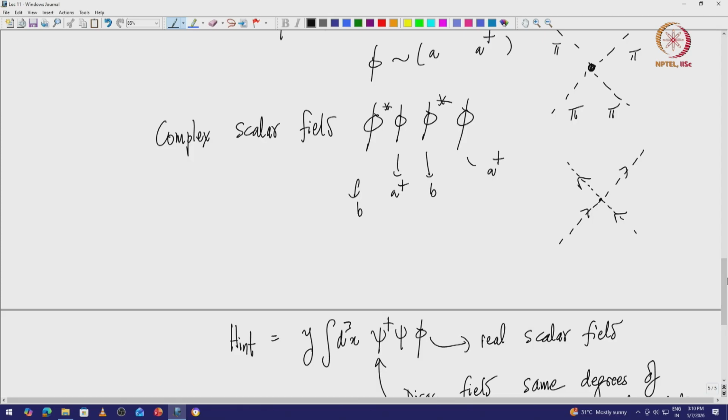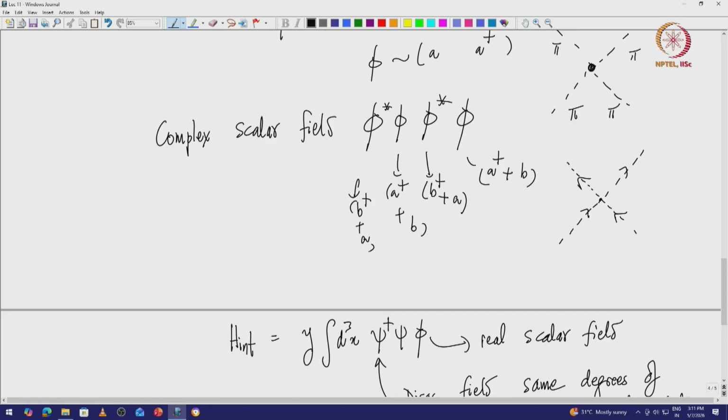So you can have A plus B dagger, and the conjugate would be A dagger plus B.